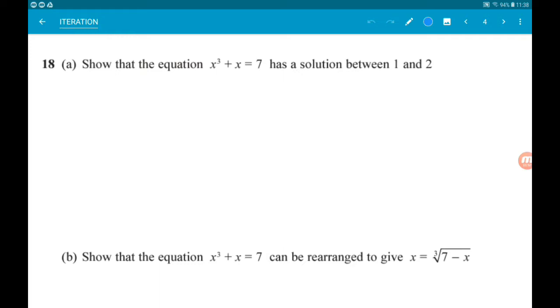So, when x is 1, well, that gives us 1 cubed add 1. One cubed is 1, add 1 is 2.